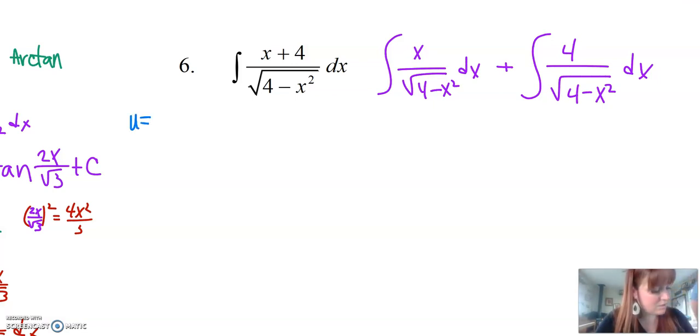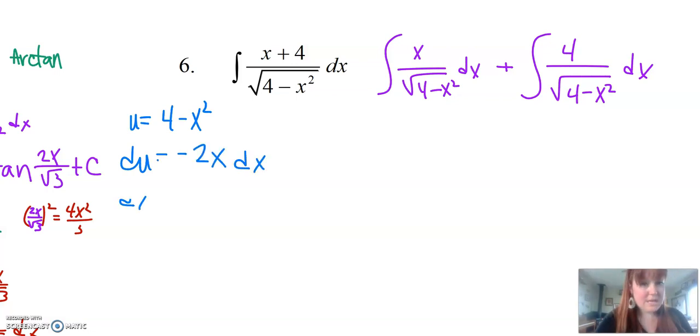So we have u equals 4 minus x squared, du equals negative 2x dx. Therefore dx equals du over negative 2x. Okay, so let's do our substitution.